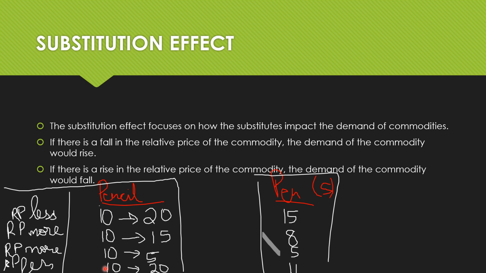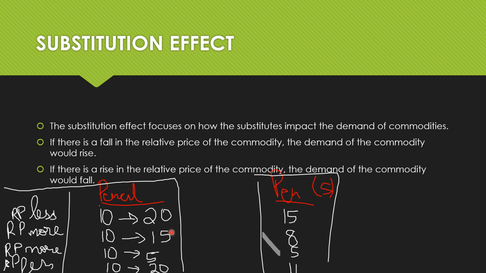If there's a rise in the relative price of the commodity, like how we saw in these two cases, the demand of the commodity would fall.